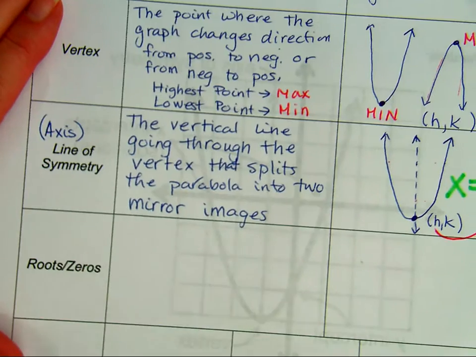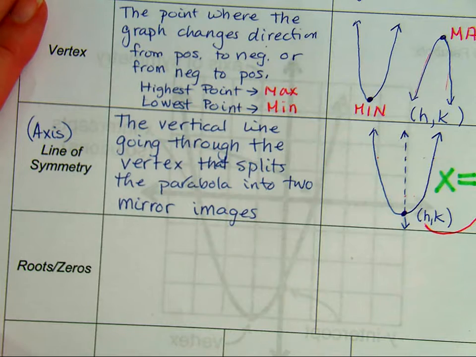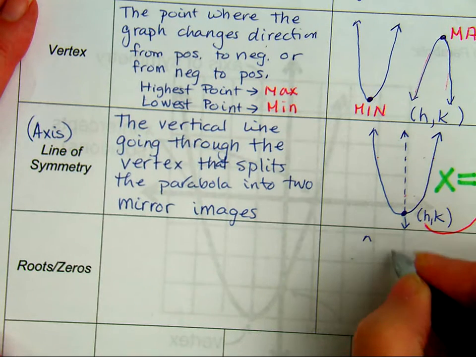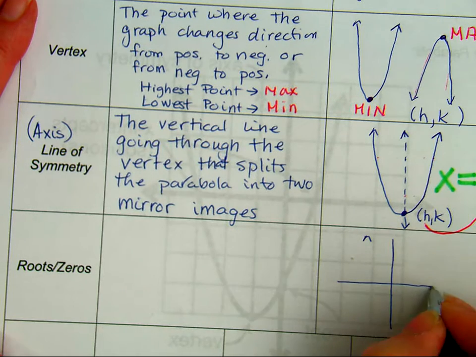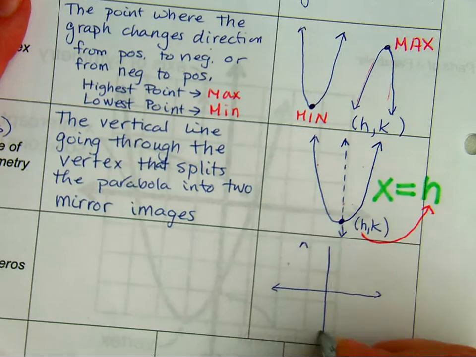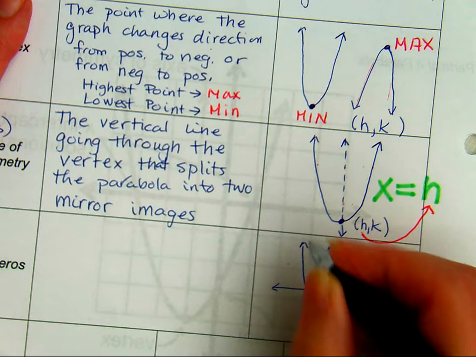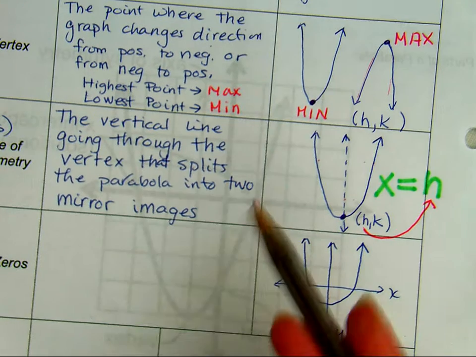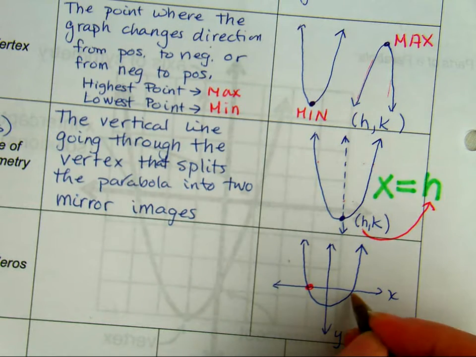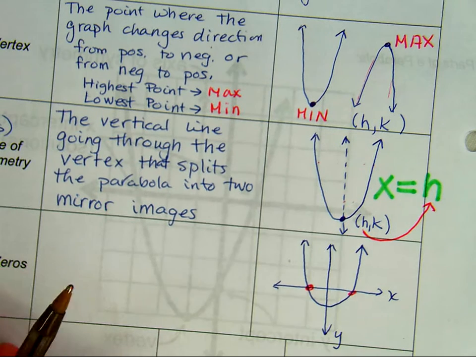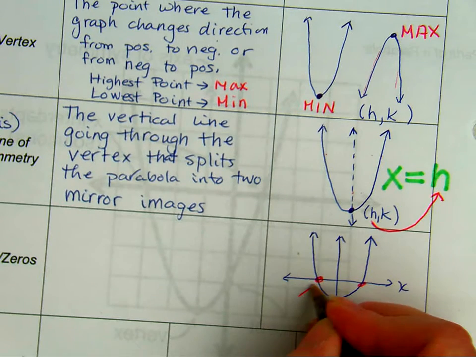Let's go to roots and zeros. So let me put the x and y axes on here. Now the parabola is going to scoop down and then back up. And these two points where it crosses the x-axis are what we call the roots, or the zeros.